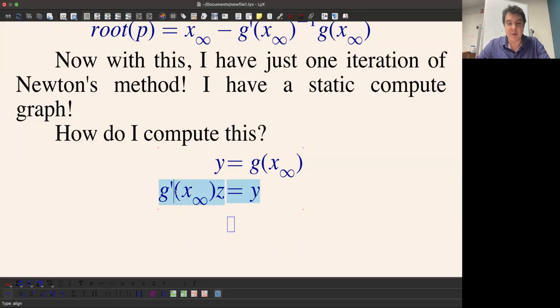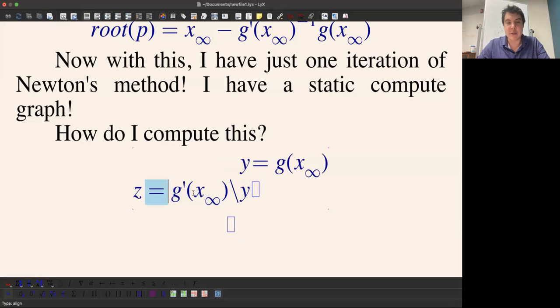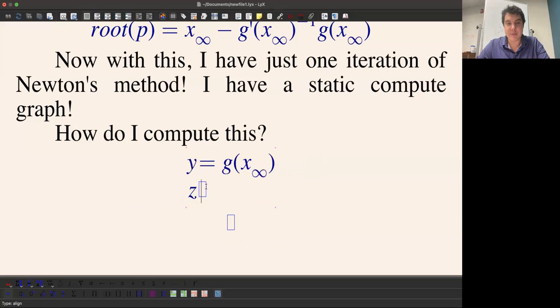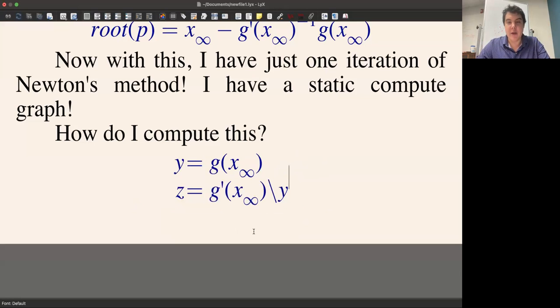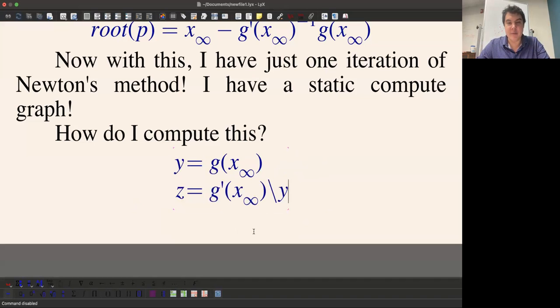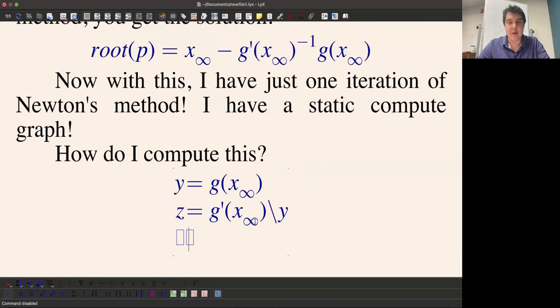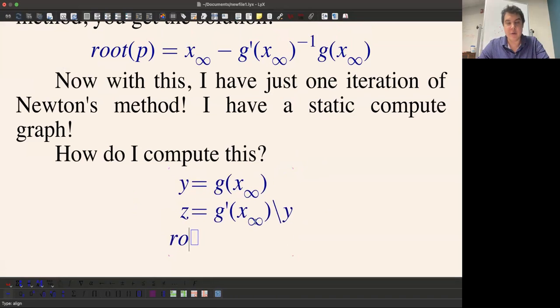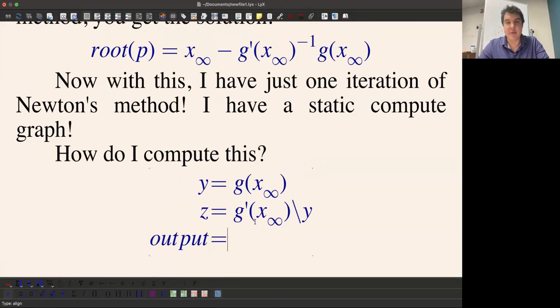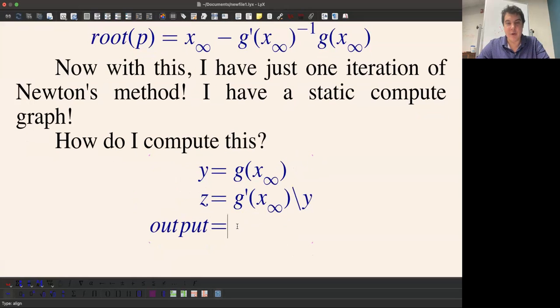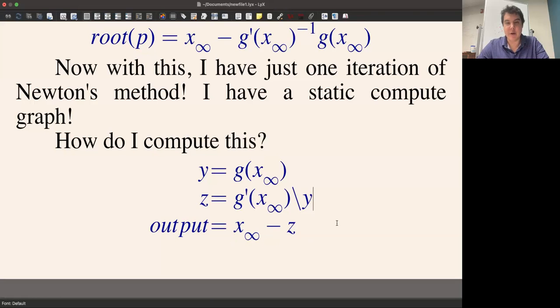So you always compute with the LU factorizations whenever you can, right? And then the output is equal to x infinity minus z, right?